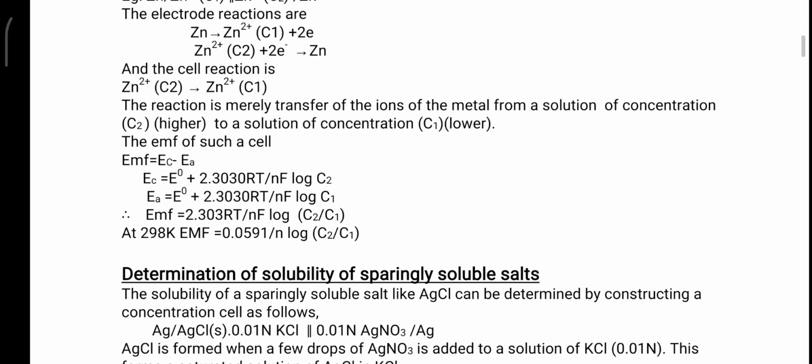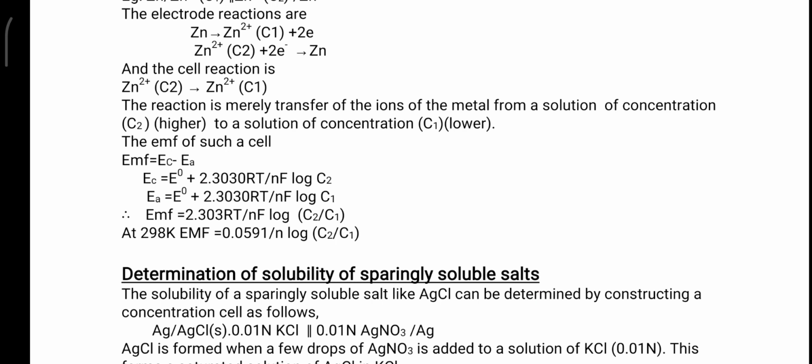The EMF of the cell is given by E cell or EMF equals E right minus E left, that is E cathode minus E anode. The value of E cathode, using the Nernst equation, can be written as E cathode equals E naught plus 2.303 RT by nF log of C2.